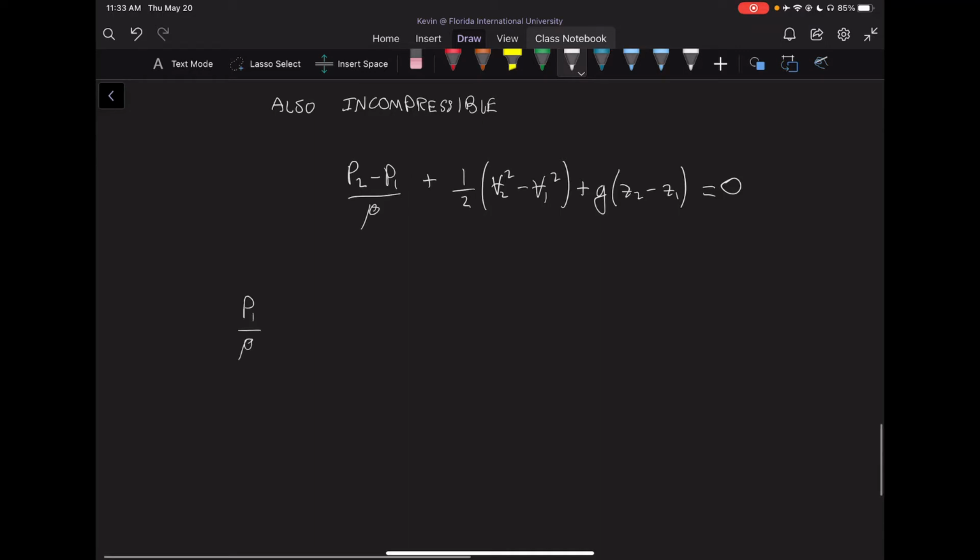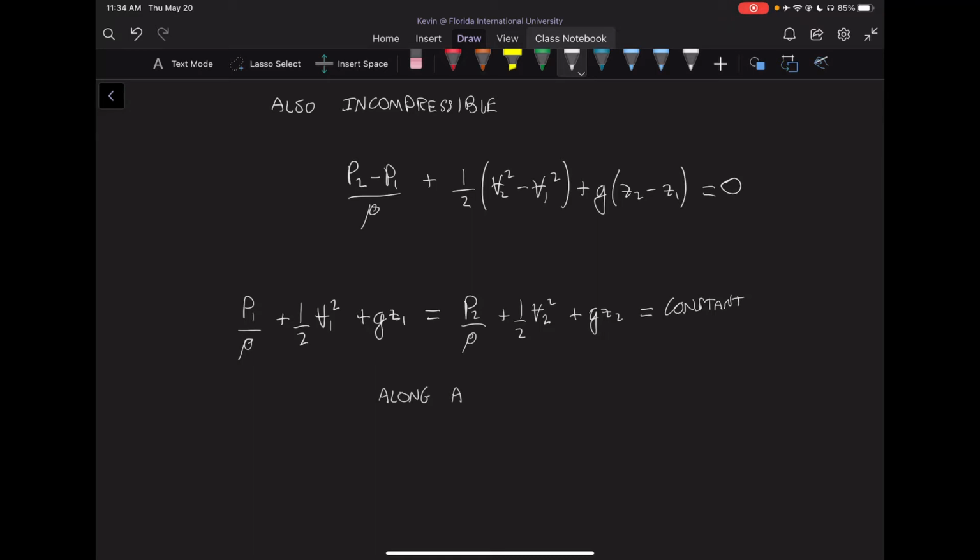P1 over rho plus 1/2 V1 squared plus GZ1 is equal to P2 over rho plus 1/2 V2 squared plus GZ2. And this is equal to a constant. And this constant is equal to a constant along a streamline. So this is along a streamline.